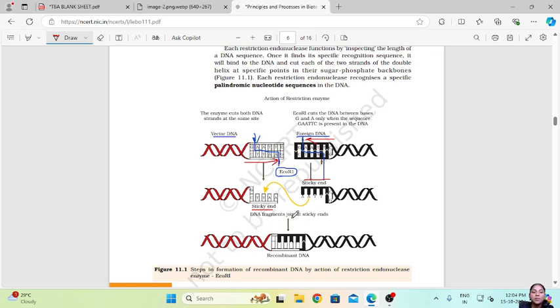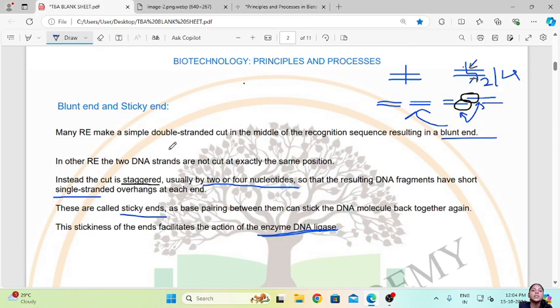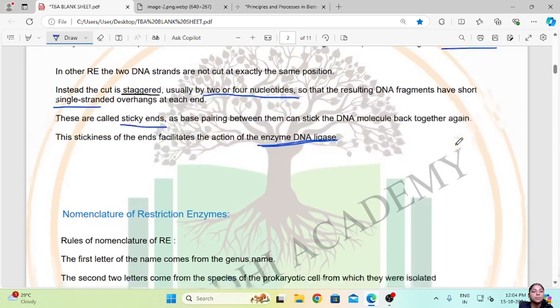The DNA fragments can be joined at the sticky end. So as we can see, here we have the TTAA sequence and here we have AATT, which are complementary nitrogenous bases, and they can be joined together to form the recombinant DNA. So this is how the restriction enzymes cut a DNA fragment and can form either a blunt end or a sticky end.